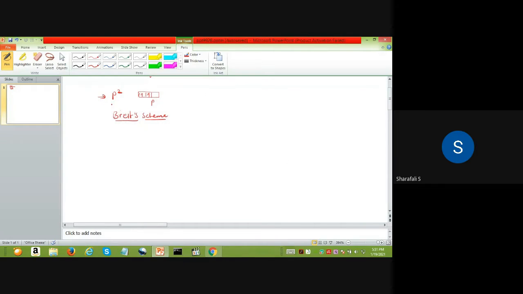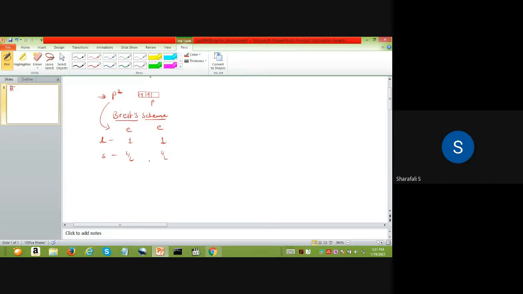First we consider P2 itself. We have two electrons. The L values are 1 for the first electron and 1 for the second electron, because they are in the same orbit. The S value can be plus half or minus half, depending on the state. We take the smallest magnitude, half.